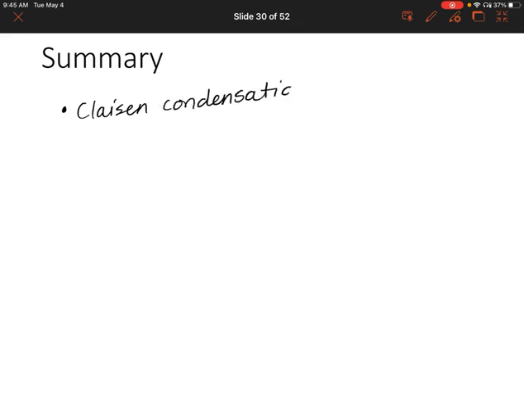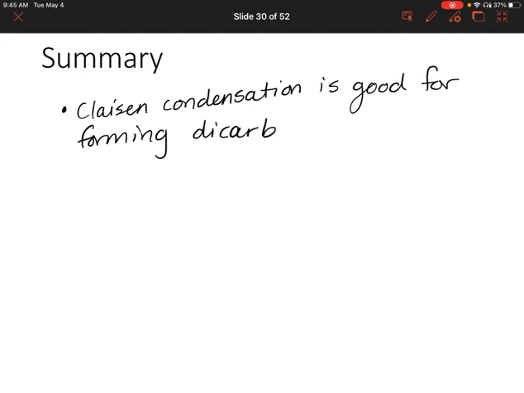So Claisen condensation is good for forming dicarbonyls. So that's where we have those 2 carbonyl groups. And they're attached on either side to something. It kind of depends on what you're using.